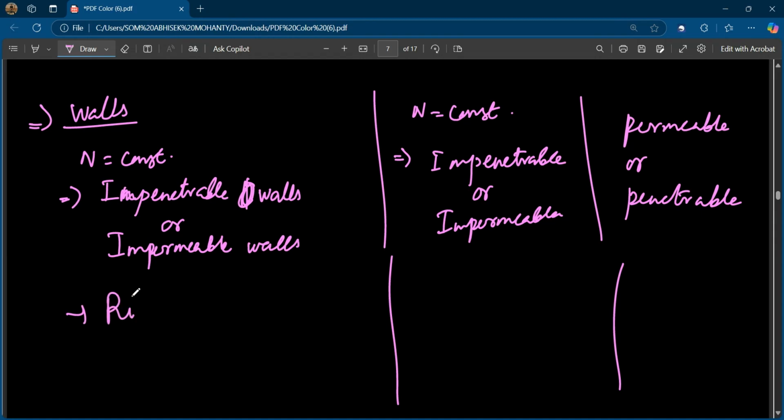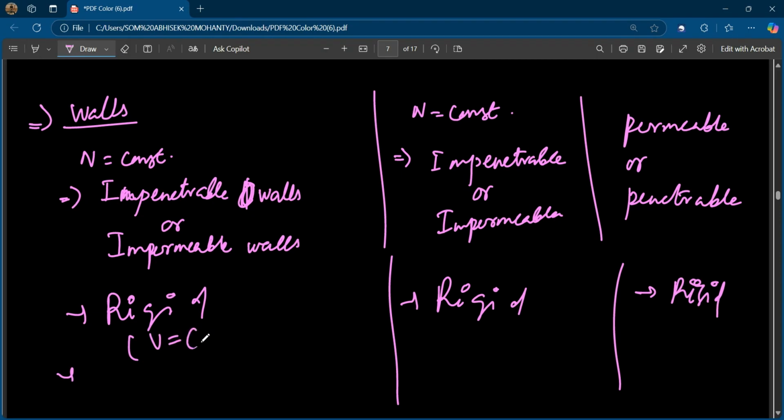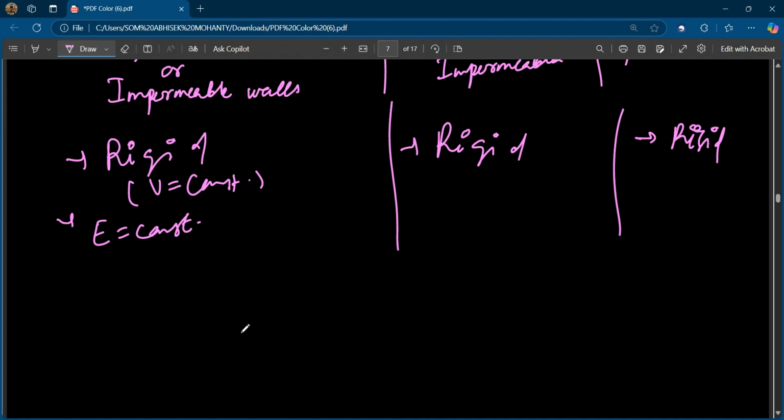Here we have rigid walls, and here also rigid, and again rigid, since V is constant means all are rigid. For microcanonical, E is constant, so the walls are thermally non-conducting, or adiabatic, they don't conduct energy.